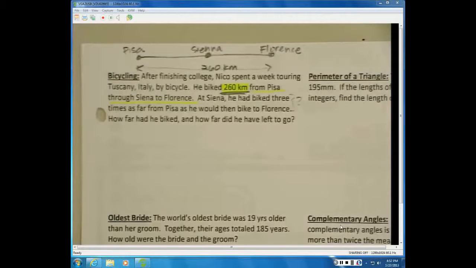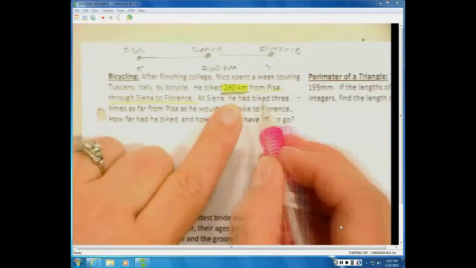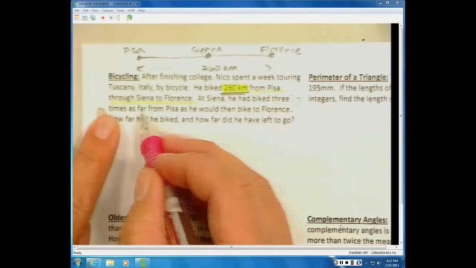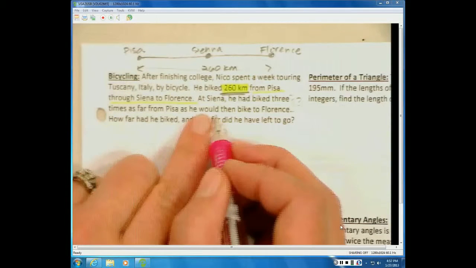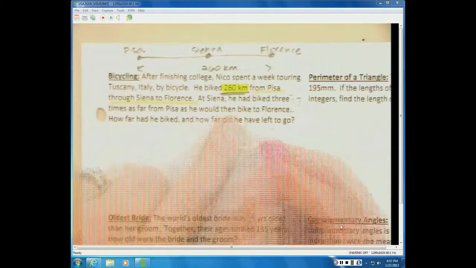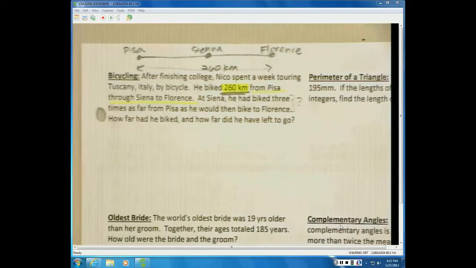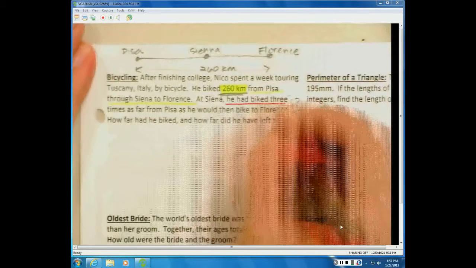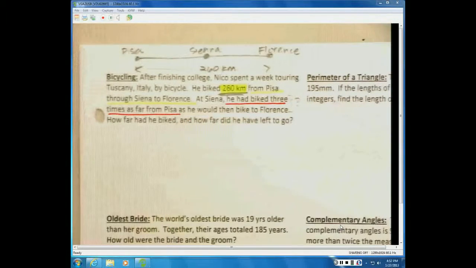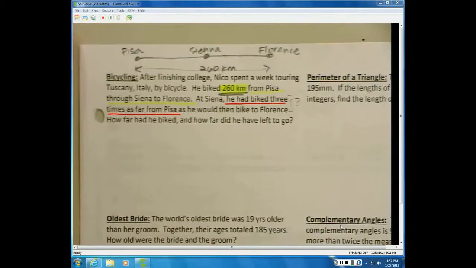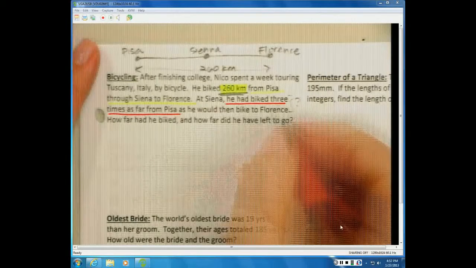He had biked 3 times as far from Pisa as he would then bike to Florence.